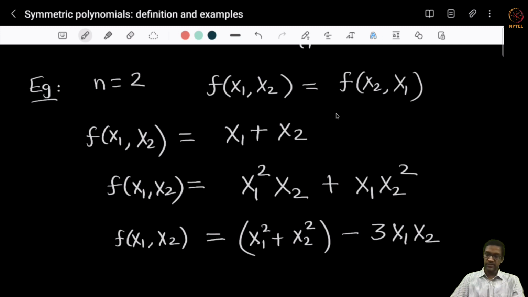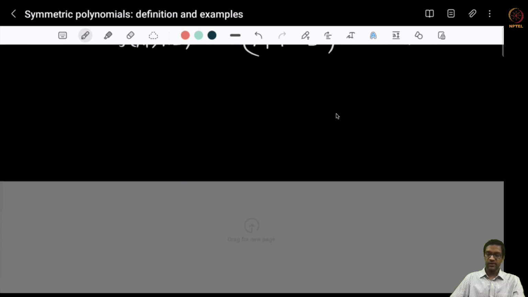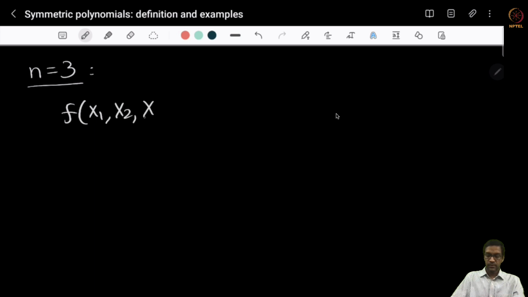Of course, as the number of variables increases, you can construct far more complicated examples. Let me just do one for n equals 3. If I take the polynomial f of x1, x2, x3, say I want x1 cubed, x2 square, x3 to the power 1.